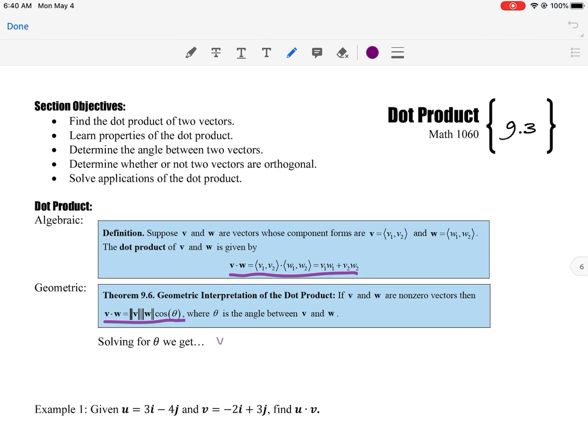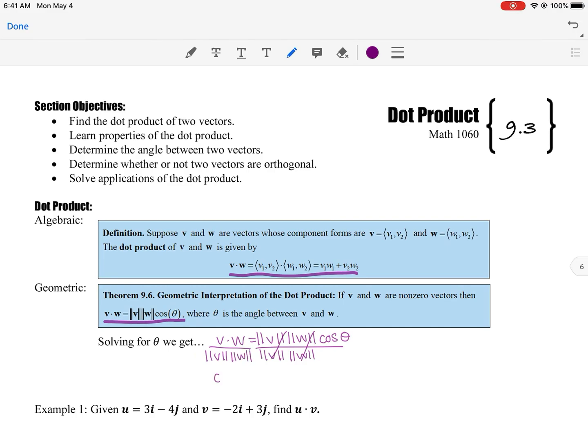If the dot product equals the magnitude of v times the magnitude of w times cosine of theta, and you wanted to solve for theta, we would divide by the magnitudes, so those would cancel. Whatever we do to the left, we have to do to the right.